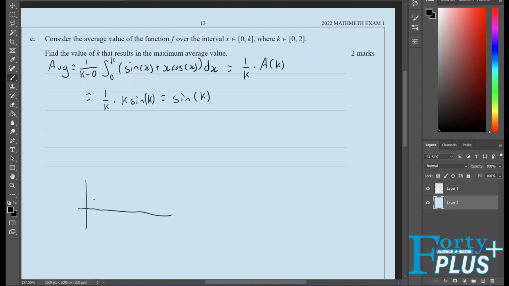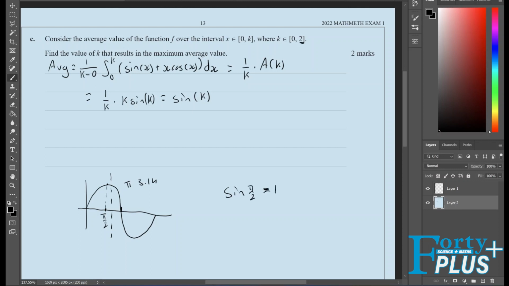If we just draw the plain sine graph quickly, we can see that, well, pi is roughly 3.14. So that's greater than 0, which is our limit of 0. So we can say that our limit of 2 is probably about there. So the highest value is going to be this peak, which corresponds to pi on 2. And I mean, we can check this. Sine of pi on 2 equals 1.